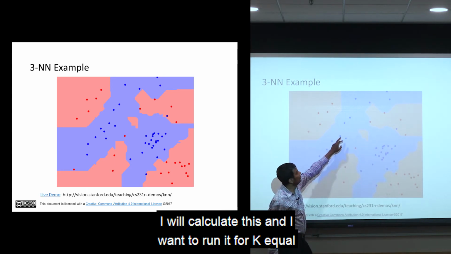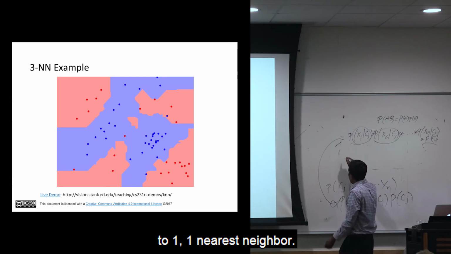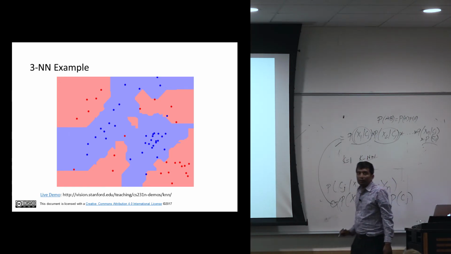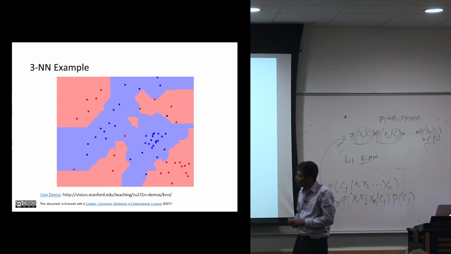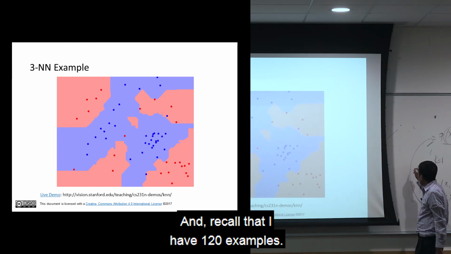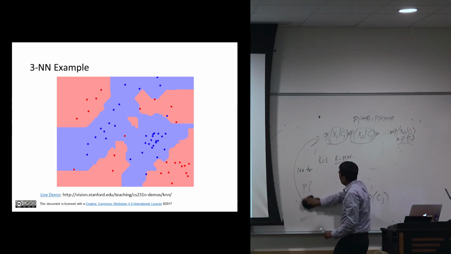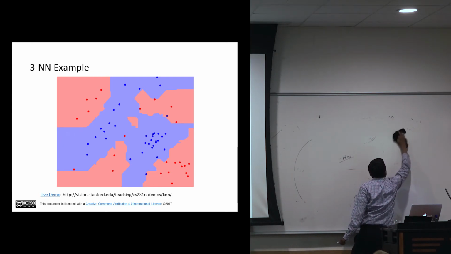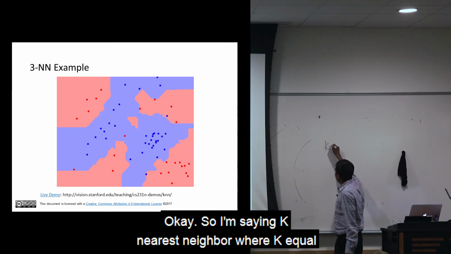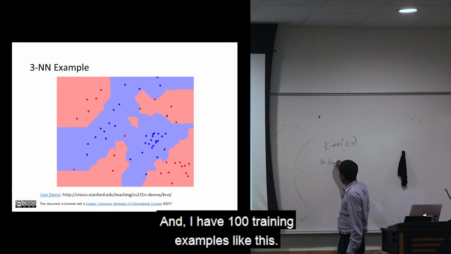I want to run it for k equal to 1, one nearest neighbor, and recall that I have 100 training examples like this.